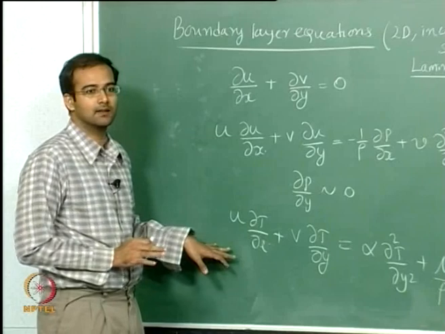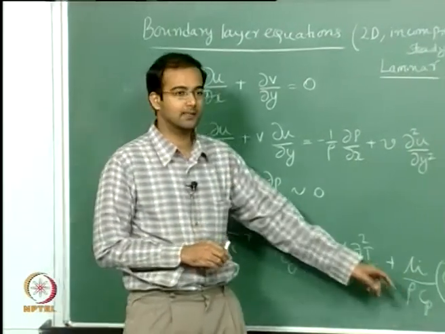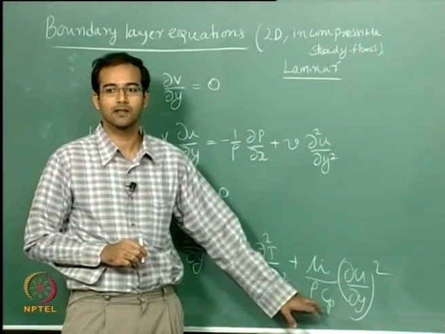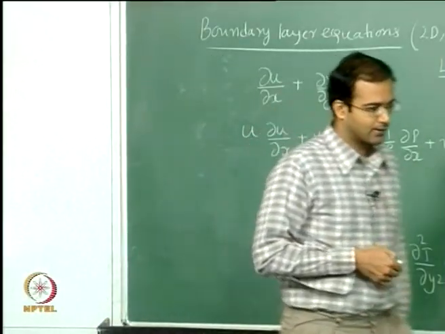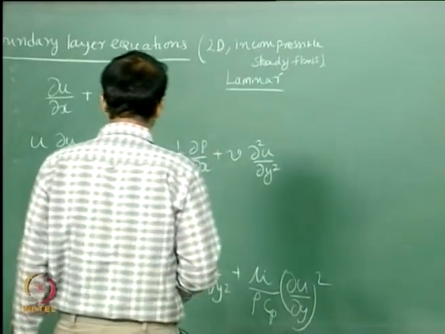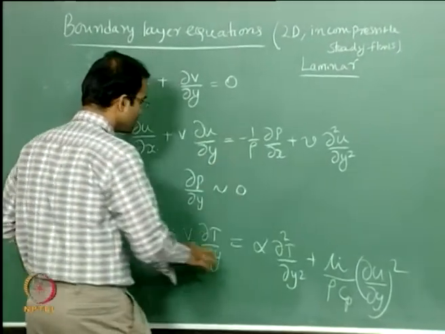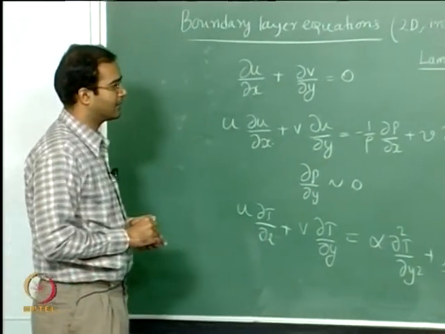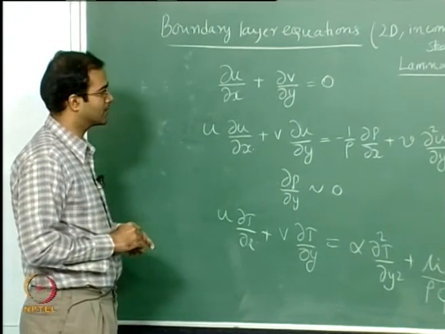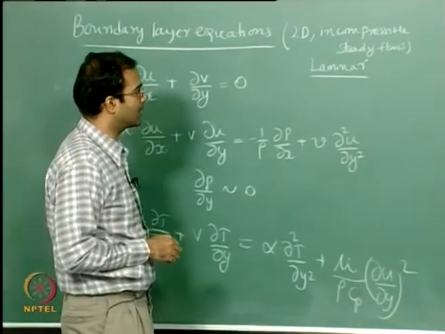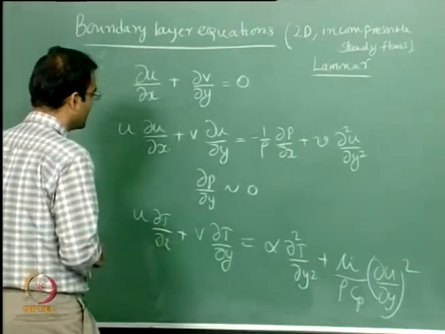So all of you agree, and you know why only this term stays, right? If not, please go back and revise. Now in order to solve these equations we definitely need some boundary conditions, right? These are partial differential equations. So can you tell me what boundary conditions we can apply?